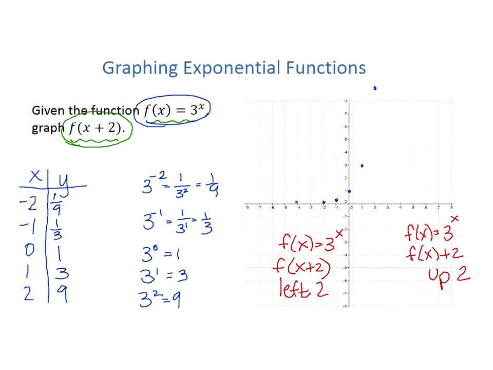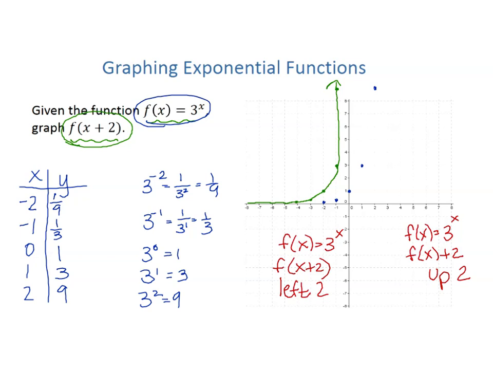So this one would go here, and this one would be here, and then here, and then here, and then here. So the green dots show what it looks like after the shift.